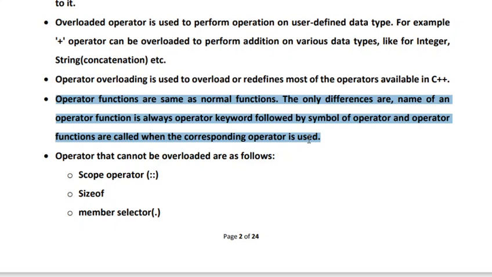So whenever operator functions are called, we need to use the corresponding operator only, right? We'll try to understand it with the help of an example, but for now, just remember it is similar to a normal function, but instead of using a named function, we use the keyword operator in combination with the operator symbol, and then we use the operator symbol in order to call that particular function.